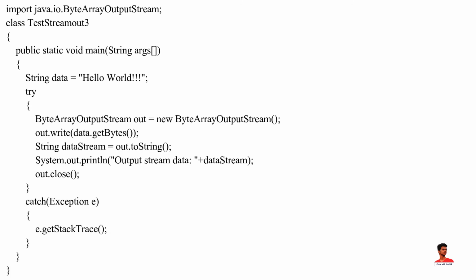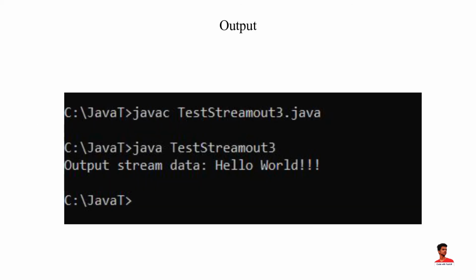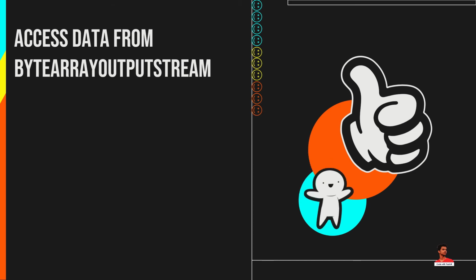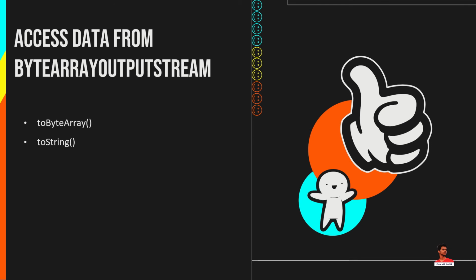In this example, we have created a byte array output stream named out. To write the data to the output stream, we have used the write method. Returns the array present inside the output stream, returns the entire data of the output stream in string form.